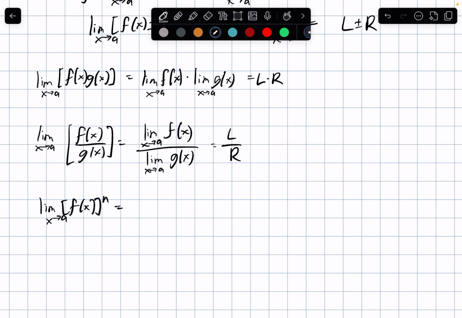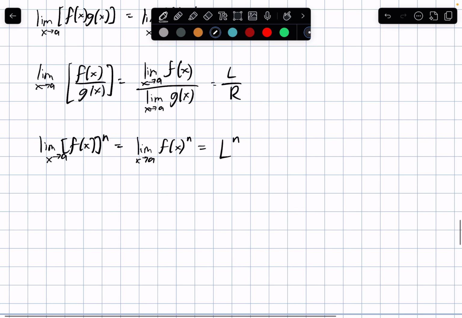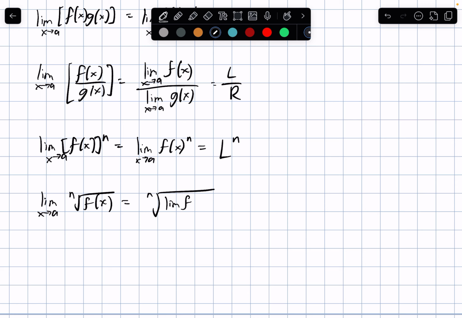Well, you just write it as is. You could also express it as this basically, or just L raised to n. What about for square root? So it's going to be like this.